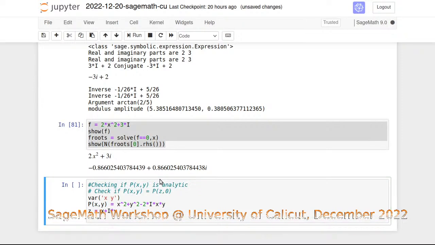So what are we supposed to do now? We are supposed to check p z0. So show p, substitute x equal to z, y equal to 0.